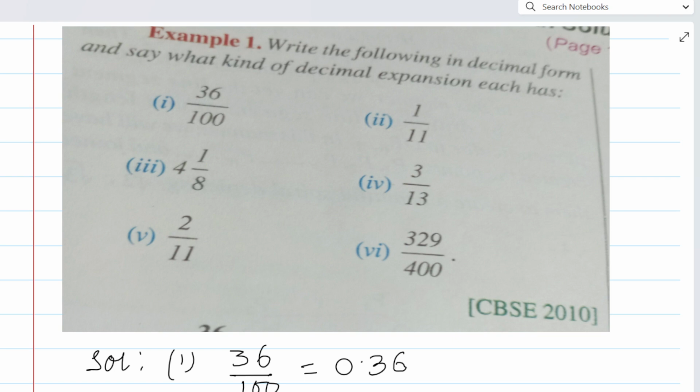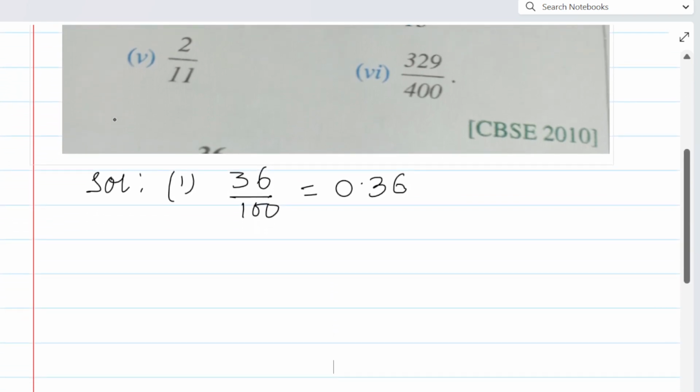Please tell me now, what is this? This is obviously terminating, ending after the decimal point. There are 2 digits after the decimal point and there are no other more digits. So this is ending. So this is a rational number, terminating.